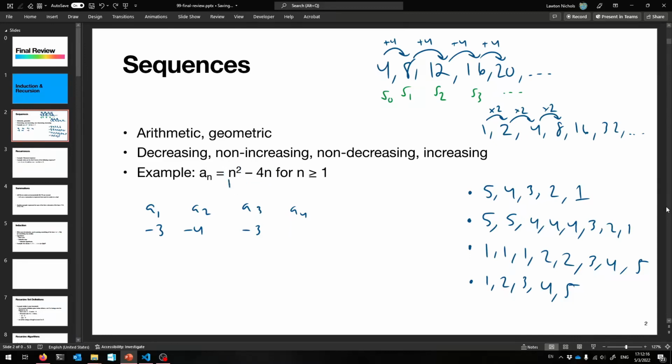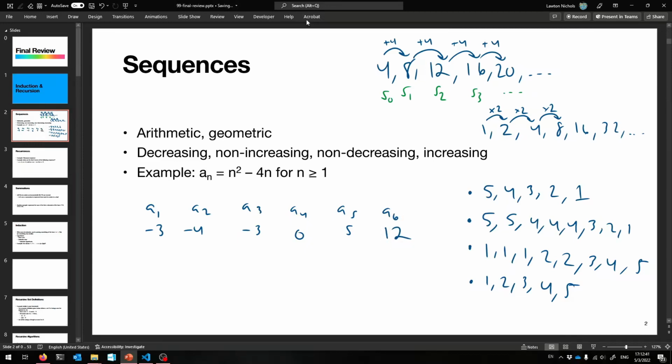So, yeah, 4 times 4 is 16 minus 4 times 4. I believe it's 0. A5 is 25 minus 4 times 5, so that's 5. A6 is 36 minus 4 times 6, which is 24. So 36 minus 24 is 12.